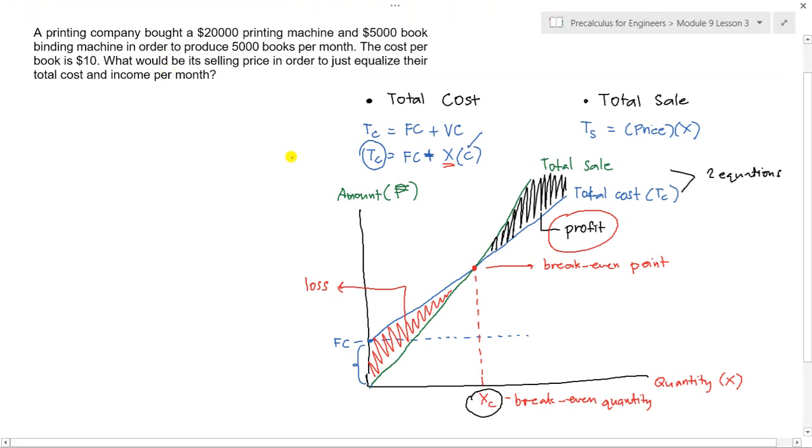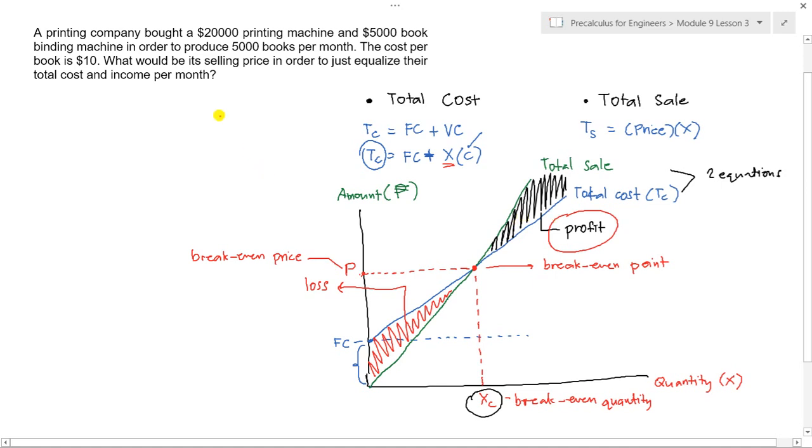The value of x is the break-even quantity, and the amount, let's label this one as p. This p is known as the break-even price.